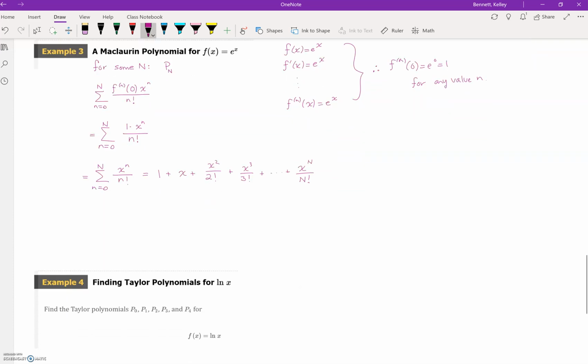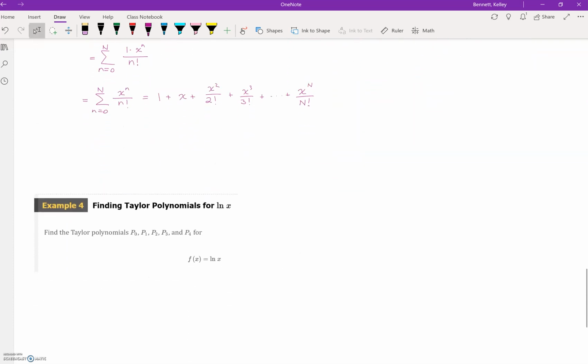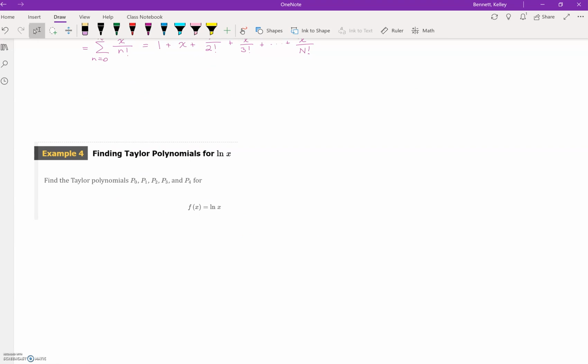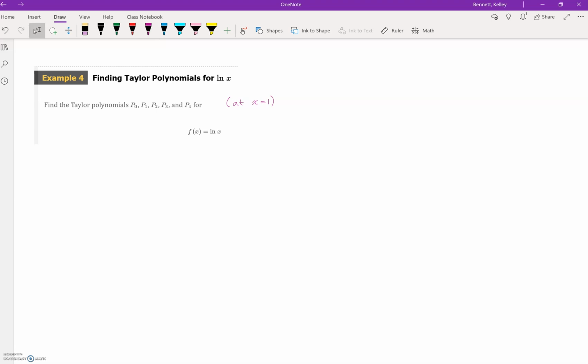All right, so here's an example where we're not going to center at 0. So this is a true Taylor polynomial, and we're going to center at x equals 1. So the first thing we need to organize is just what each polynomial is going to look like.